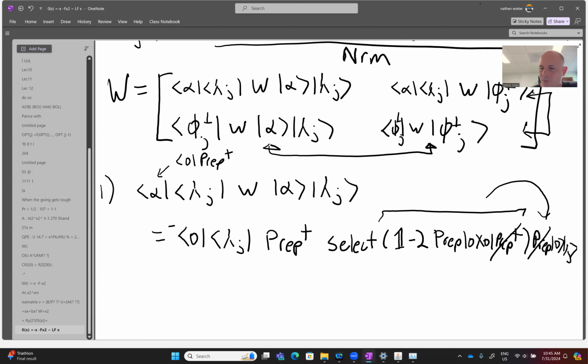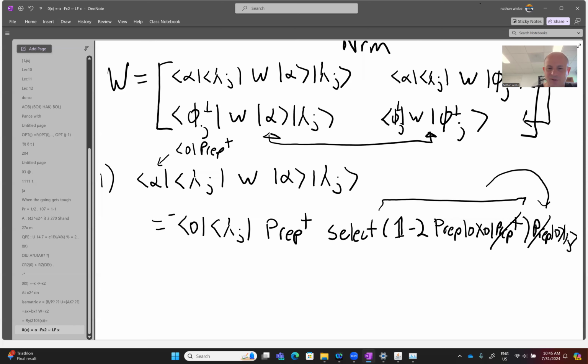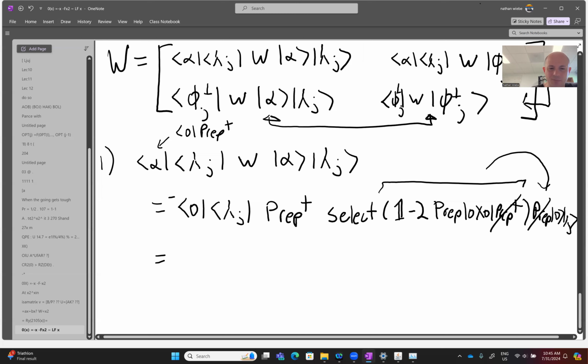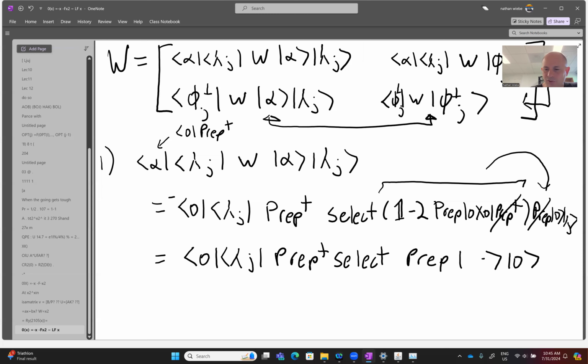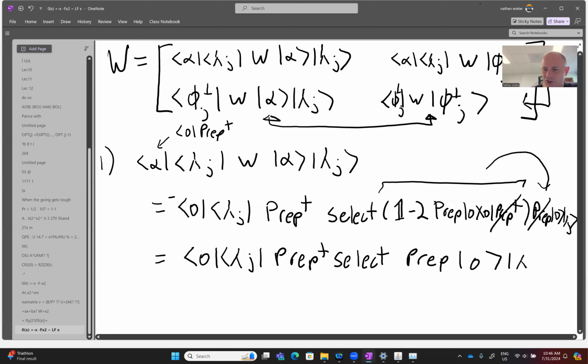So what this gives us, once we simplify it, is 0 lambda j, prep dagger, select, prep, 0 lambda j. Oh sorry, I screwed up my ordering of terms. It is 0, lambda j.